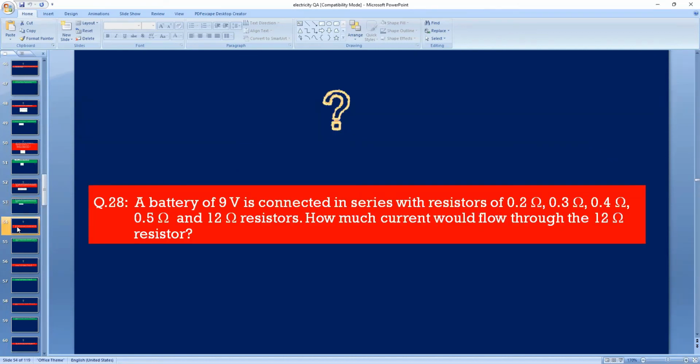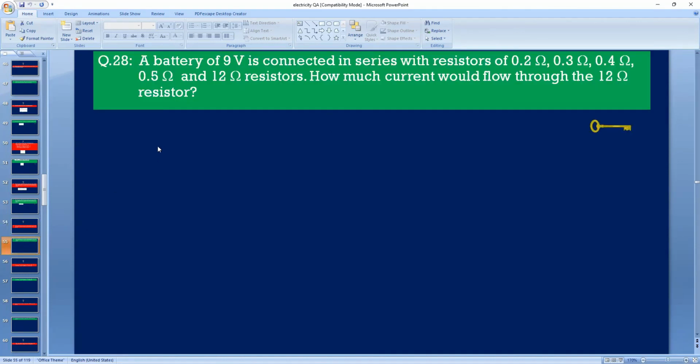A battery of 9 volt is connected in series with the resistors of 0.2 ohms, 0.3 ohms, 0.4 ohms, 0.5 ohms and 12 ohms resistor. How much current would flow through the 12 ohms resistor? Now, the answer here.